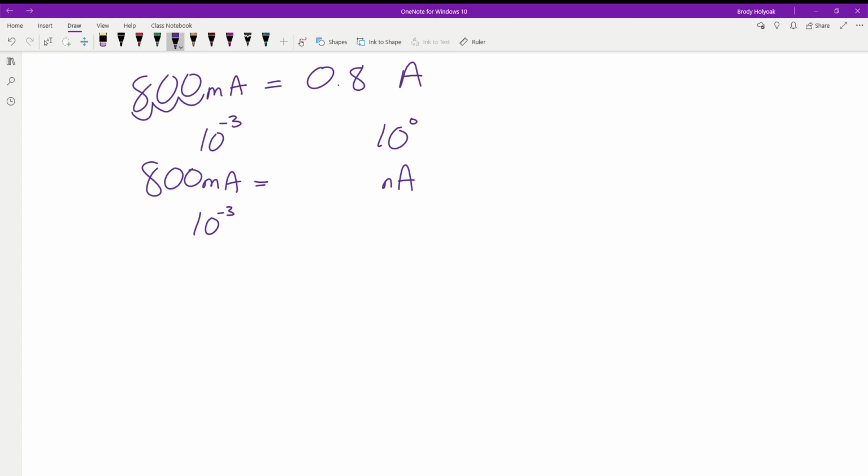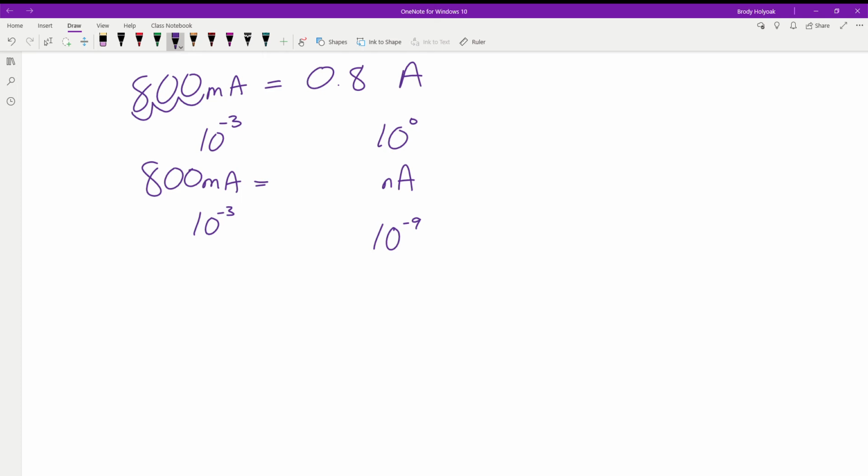Nano, negative 9. I have to stop and think about this in my head. So it goes milli, which is negative 3. Micro is negative 6. Nano is negative 9. Pico is negative 12. So, like I said, going down through pico, up through giga, even into tera a little bit is where our ranges are going to be.